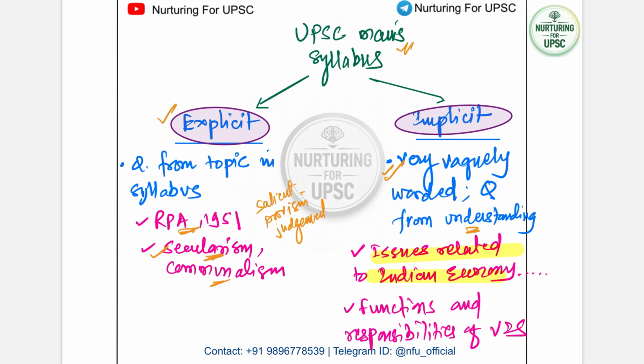Here they already have 5 parts: issues related to Indian economy, and related to planning, mobilization of resources, growth, development and employment. If you understand a bit of economics, you would know that these 5 topics cover anything and everything under the sun in terms of economics.